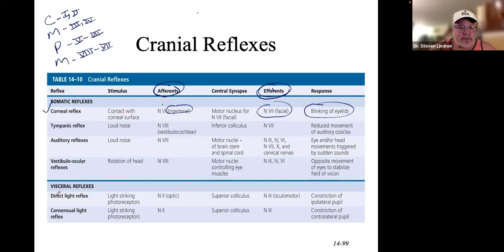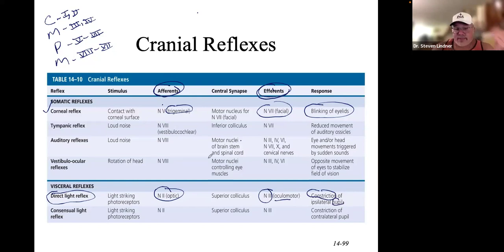Okay. Let's look at the direct light reflex. You shine light into your left eye. When light shines into your left eye, cranial nerve 2, the optic nerve, has to pick up the light. That's the sensory part. When it picks up the light, cranial nerve 3, which is the oculomotor, is going to constrict the pupil on that side.